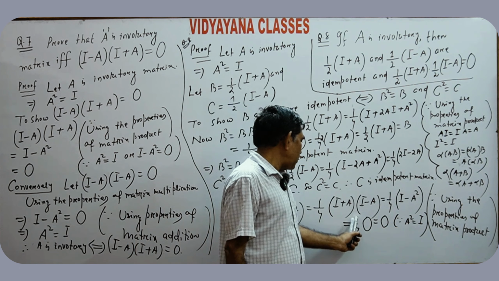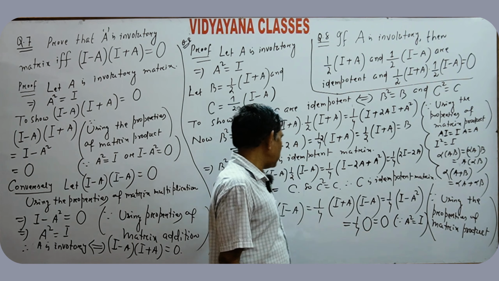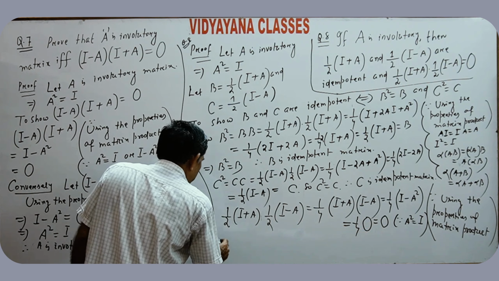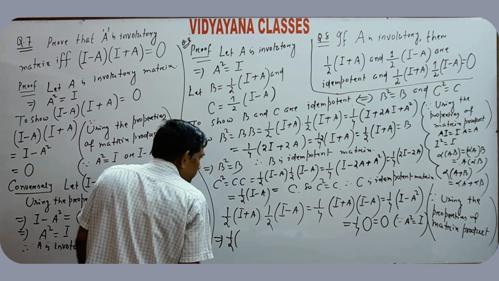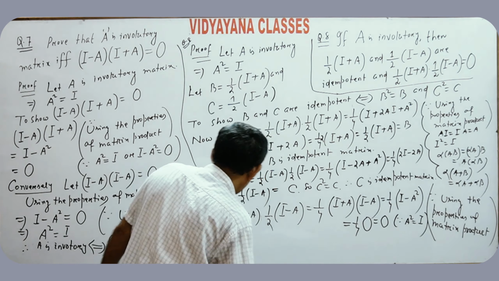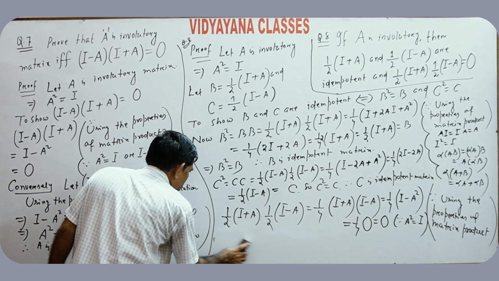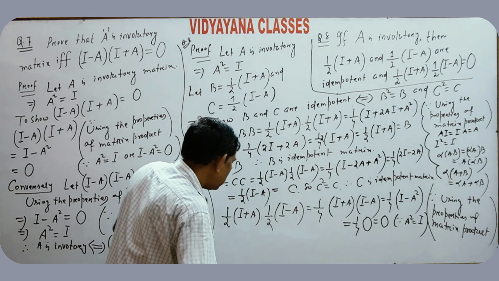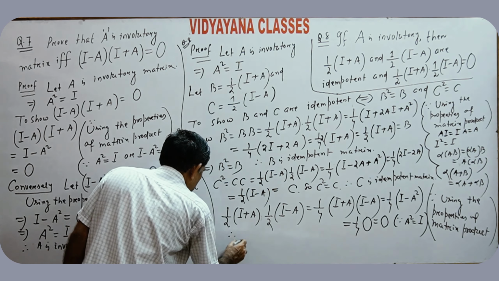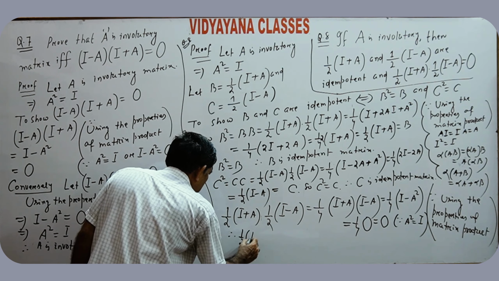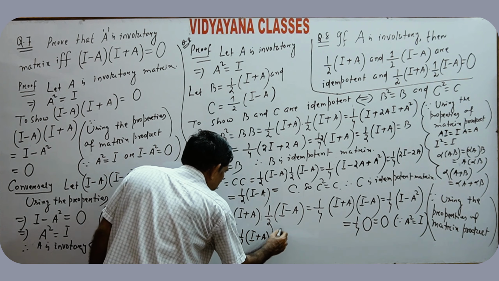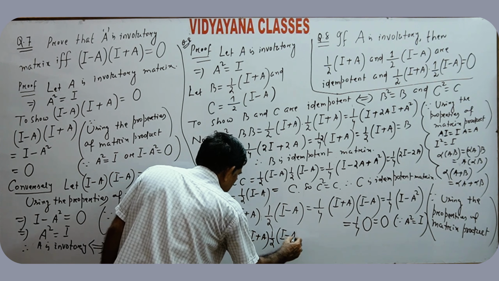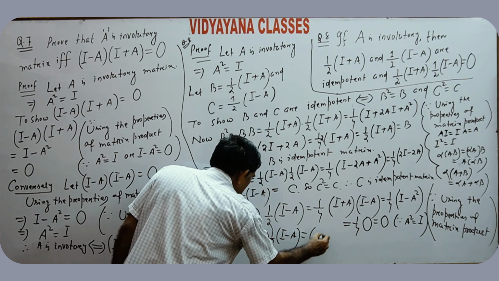So 1 by 4 into the zero matrix is equal to the zero matrix, which implies half of (I plus A) into half of (I minus A) is equal to the zero matrix.